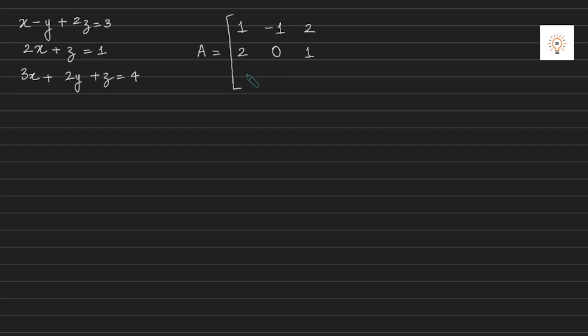Now we can easily write the third row as 3, 2, 1, using the third equation. So this is what we call the coefficient matrix.